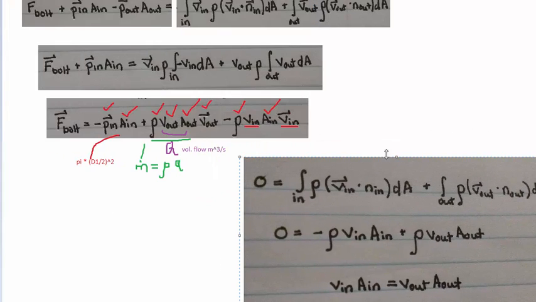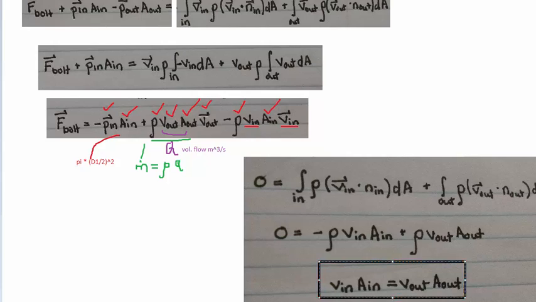Just like before, we simply have this and this. The dot products will be the same. This one will be negative, this one will be positive, and we can cancel out the rhos because they're in both terms, and then we have a 0 over here, so we can simply divide by rho, and we get this equation down here. Get used to using this, because this appears all of the time when you're solving these fluid mechanics problems.